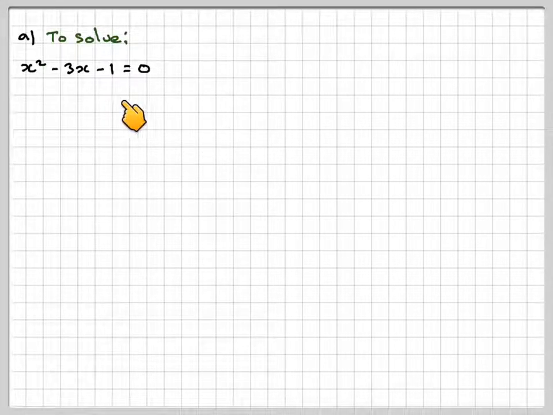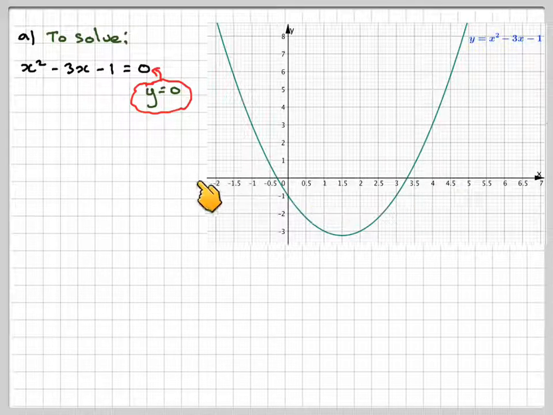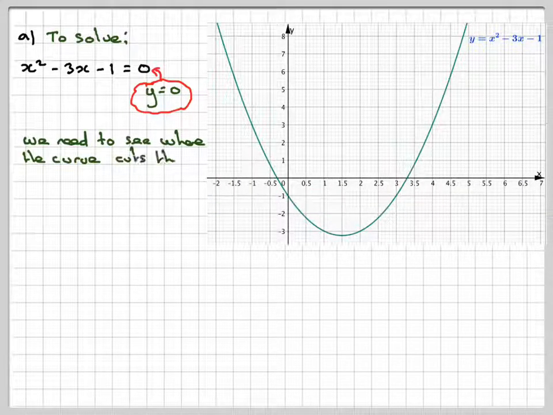Right, so in the first case we had to solve x squared minus 3x minus 1 is equal to 0. So here's my graph. All I need to know is where y is equal to 0. This is the line here, y is equal to 0, which is the x-axis. So we need to see where the curve cuts the x-axis.